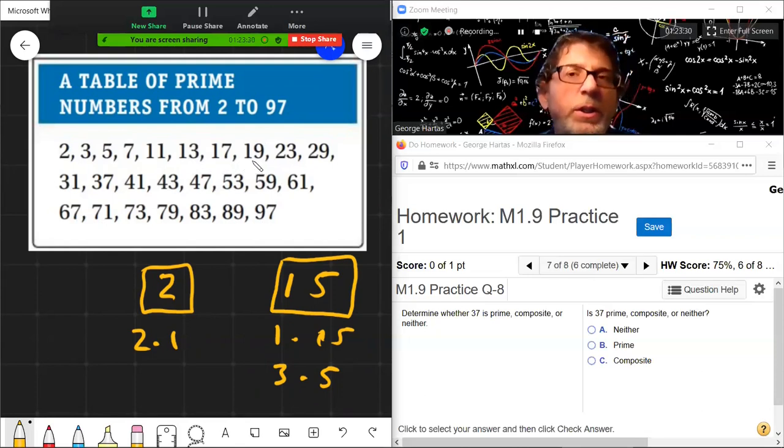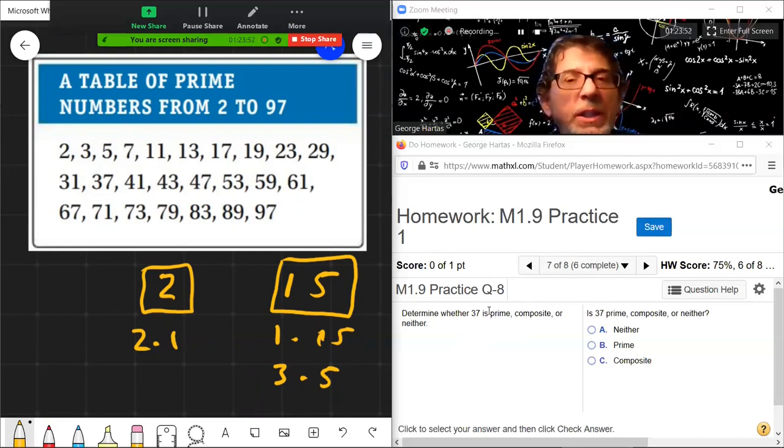And some of these you can deduce. Let's take the number 37, which is the problem itself. Can we say, does something times something equal 37, not including 1 times 37?